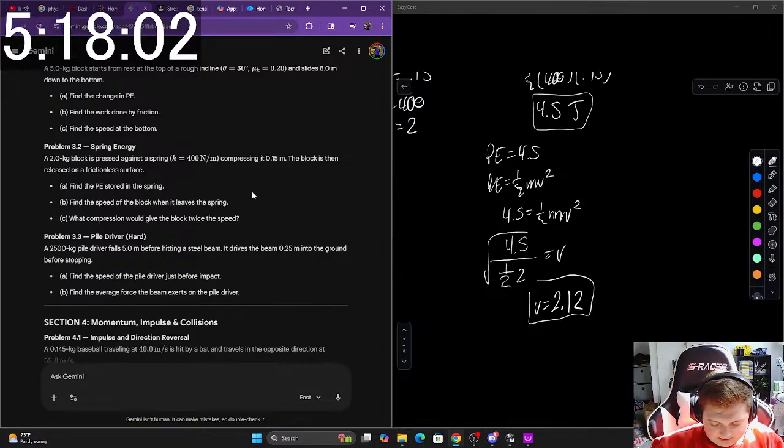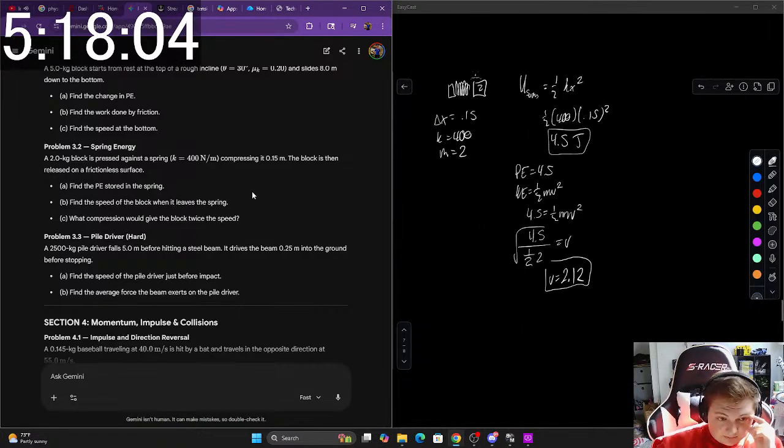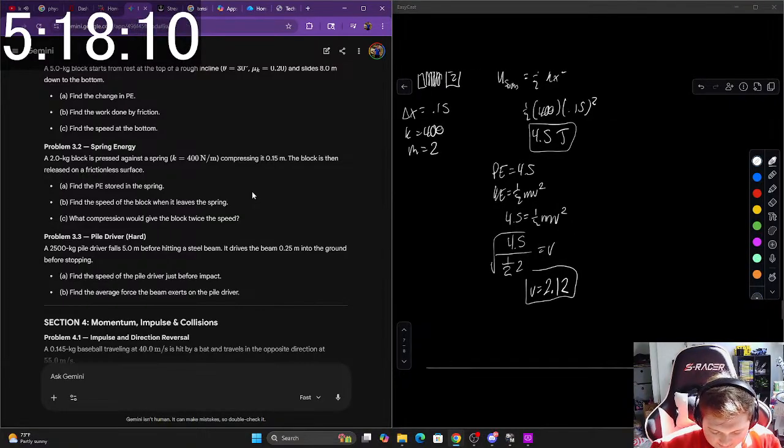What compression would give the block twice the speed? Okay, so now we kind of have to work backwards.